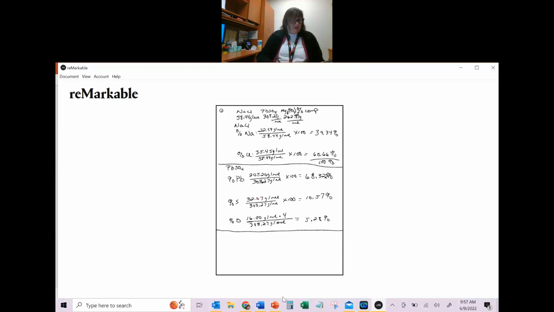Oh, oops, this is wrong. And it's wrong because when I punched it into my calculator, all I did was 16 divided by the total times 100. And I can't do that. I have to multiply by 4, then divide it by the total and multiply by 100.